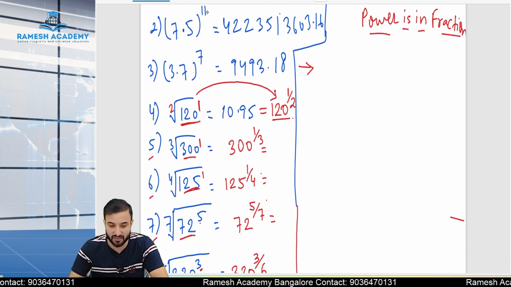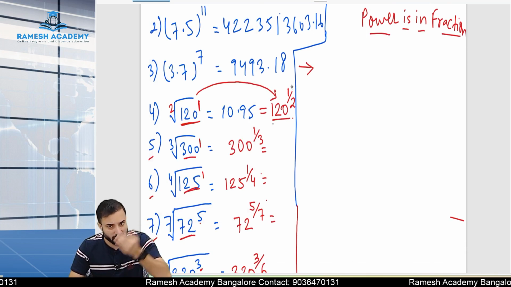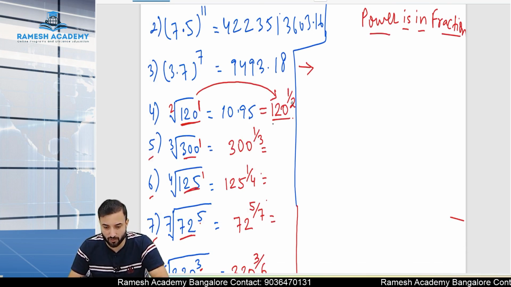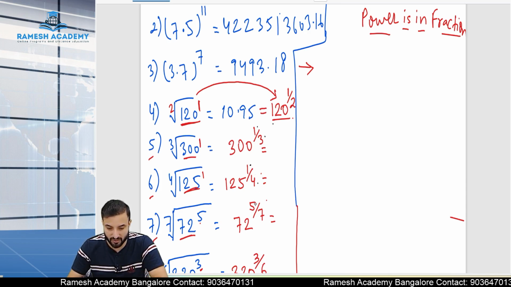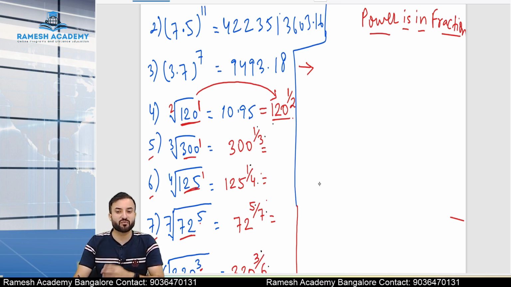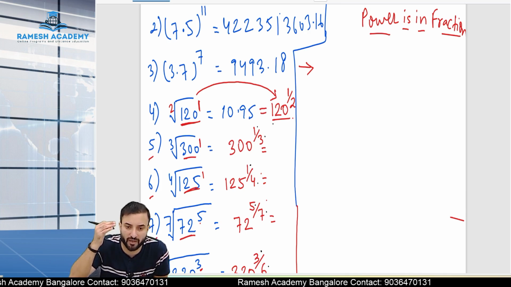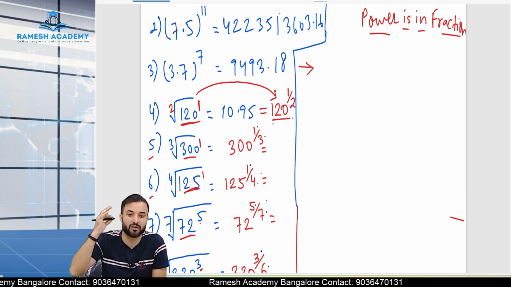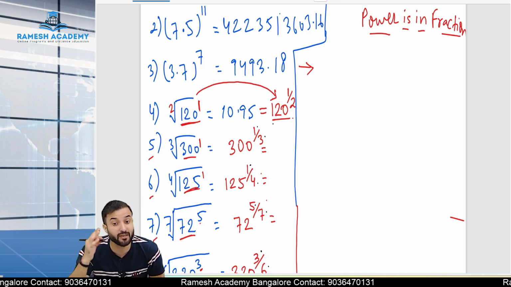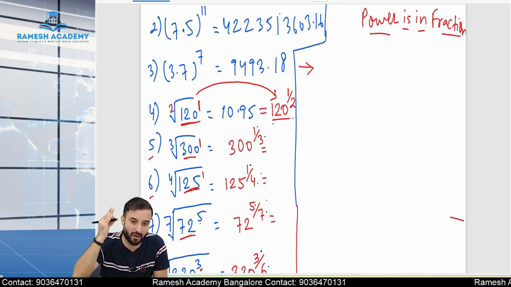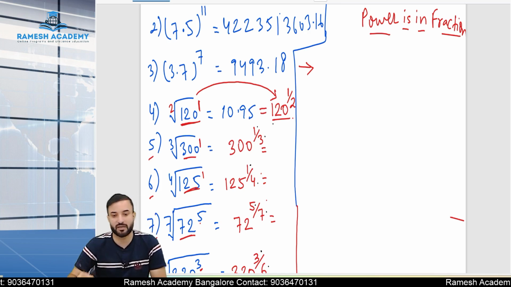Power is in fraction means we have a power as a numerator and denominator, like 1 by 2.